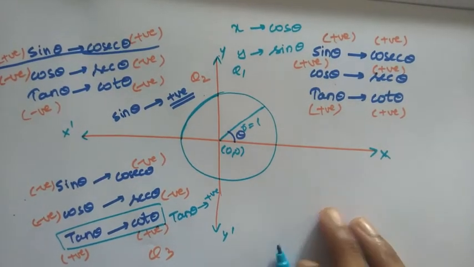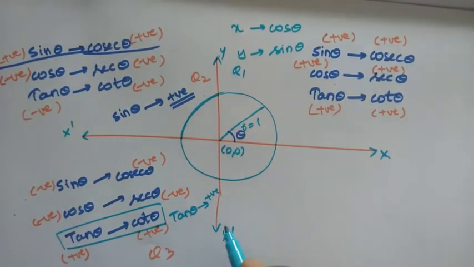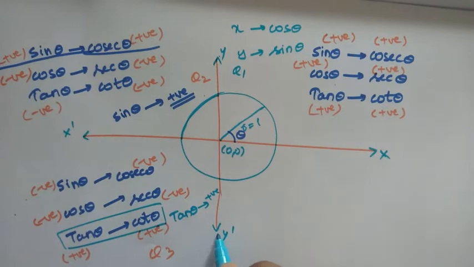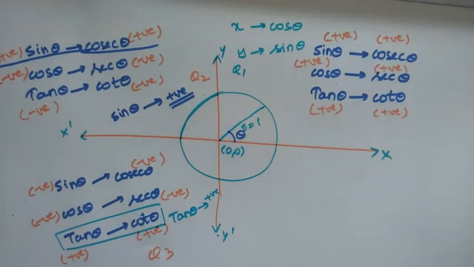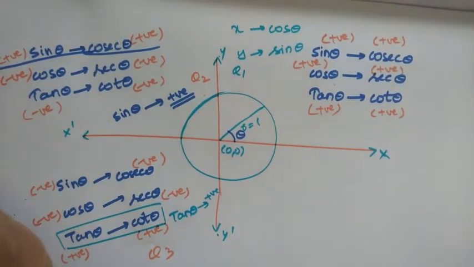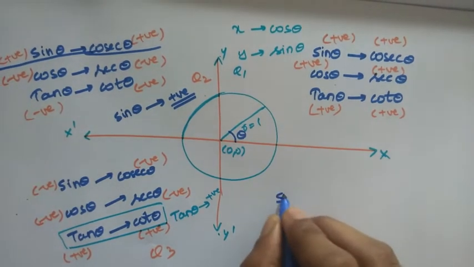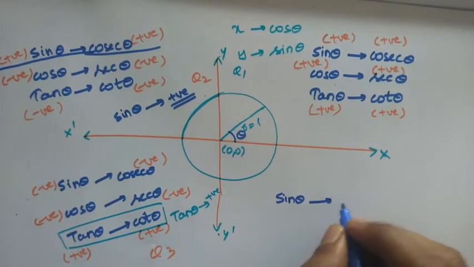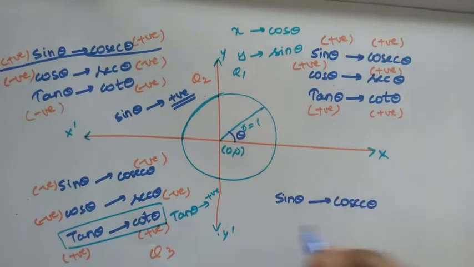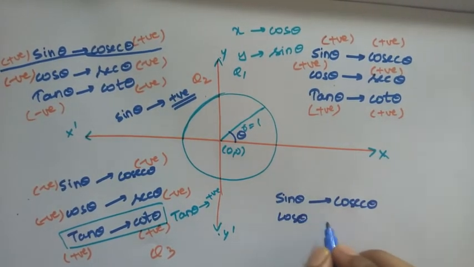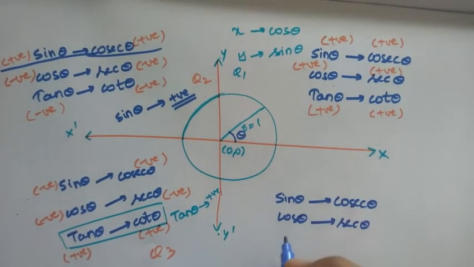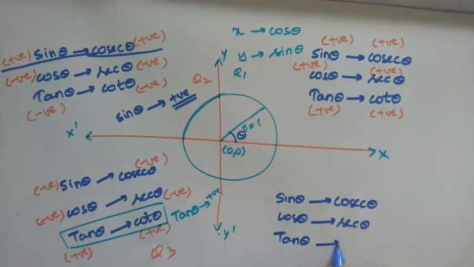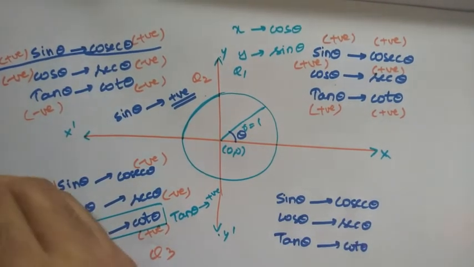So in this quadrant 4 means this theta is lying between 270 and 360. Okay, then let us see in this quadrant which trigonometric ratios will be positive. Sin theta, cosecant theta, its reciprocal, cos theta and its reciprocal secant theta, tan theta and its reciprocal cot theta.